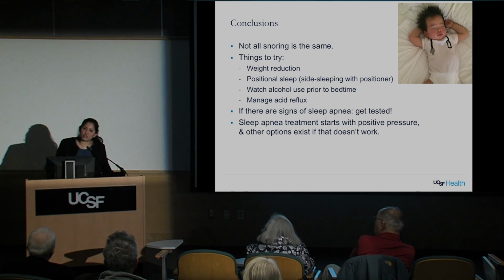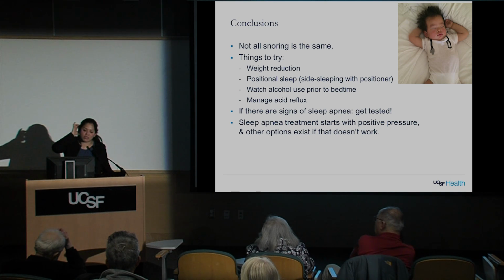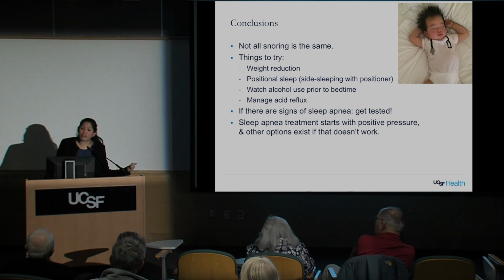BiPAP is actually two pressure levels, and they set it for inspiration at one pressure and expiration at another pressure. Depending on the type of sleep apnea, and whether there's lung disease involved, each person has different requirements. So usually your sleep medicine physician will talk to you about the options or do a sleep study with different devices to tell you what works best for your problem.